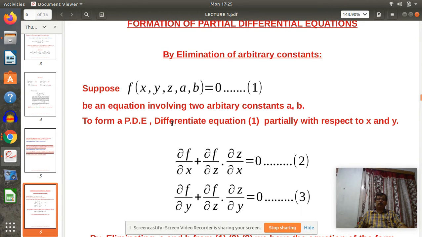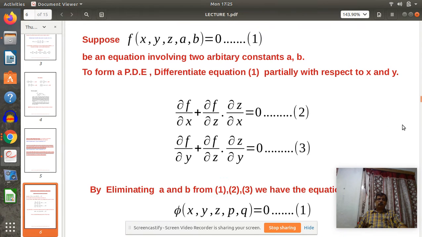To form a partial differential equation, differentiate equation 1 partially with respect to x and y, so that we get two equations. So f of x, y, z, a, b equal to 0 is equation 1. Differentiate equation 1 partially with respect to x first. F is a function of x and y, the independent variables.